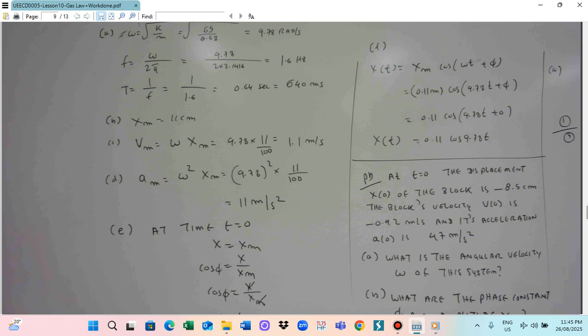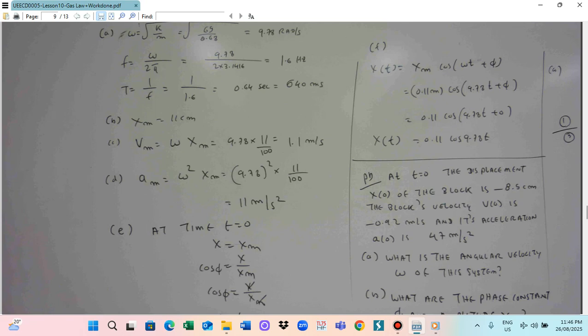And therefore, in this case h equal to hm, so cos phi is equal to h divided by hm. h and hm are the same, so they cancel. So cos phi equal to 1, and phi equal to 0 degree. So the phase constant is 0 degree.